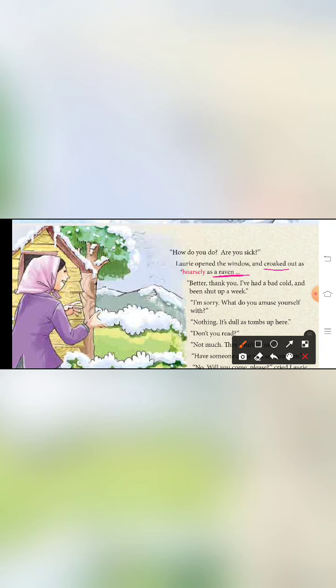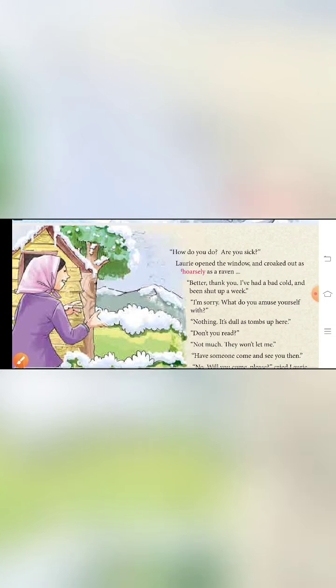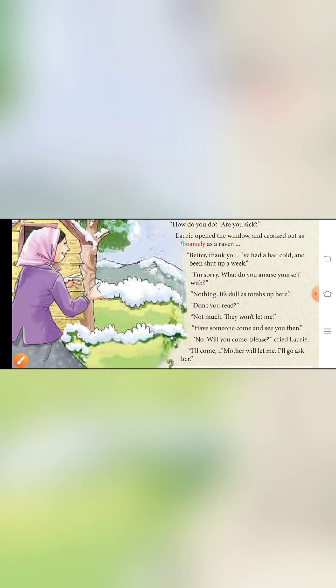"I'm sorry. What do you amuse yourself with?" "Nothing. It's dull as tombs up here." "Don't you read?" So when he said that he got a bad cold and that's why he had been kept in the house, the girl said, "I'm sorry for you, and what do you amuse yourself with?"